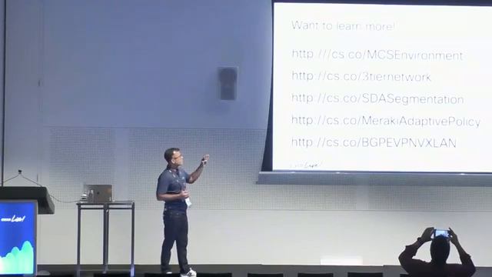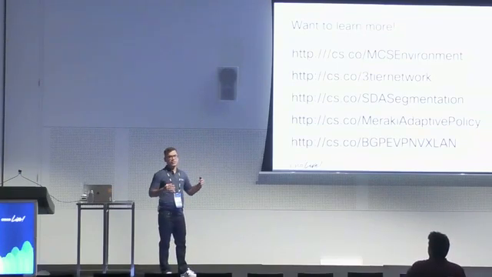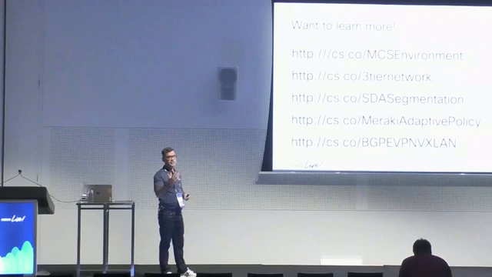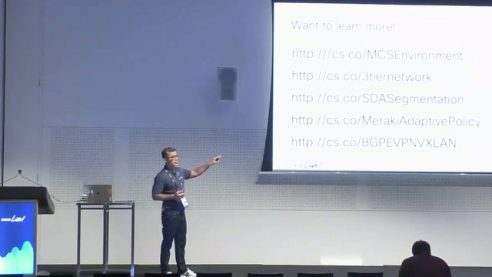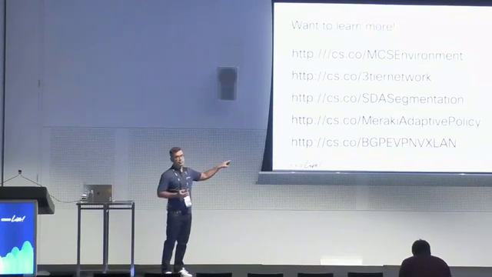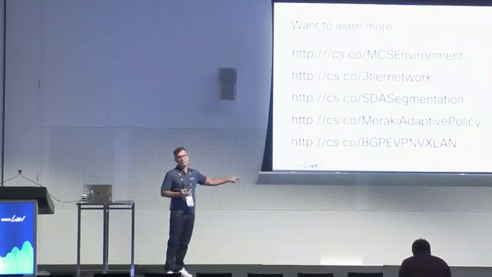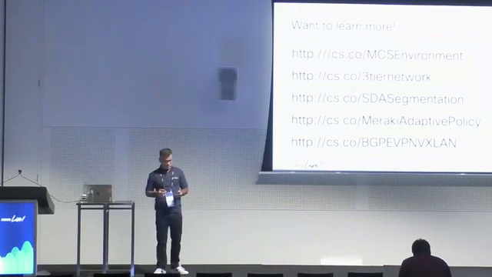Then it talks about the 3-tier network: if you have a traditional 3-tier network, how you can do SGT. We have a section for SDA segmentation. We have one knowledge article for Meraki adaptive policy and one for eBGP VXLAN as well, which was not part of this presentation.